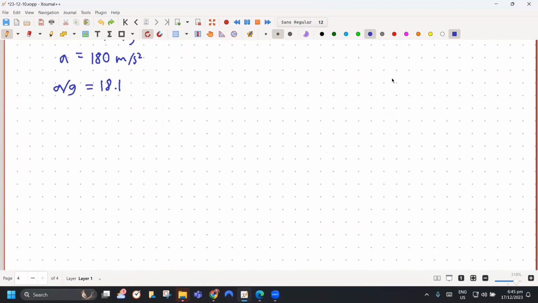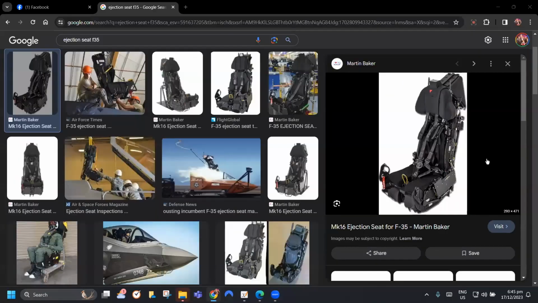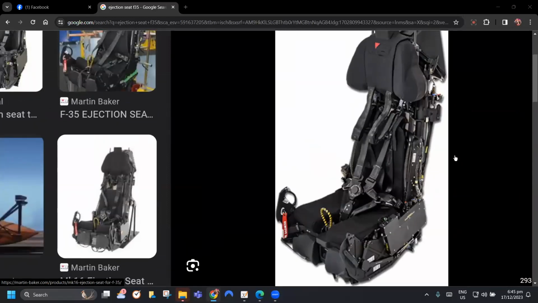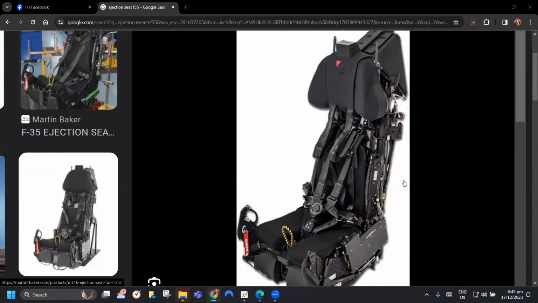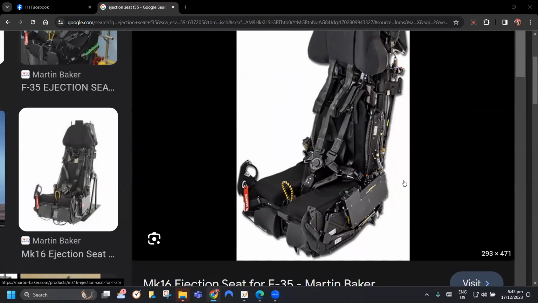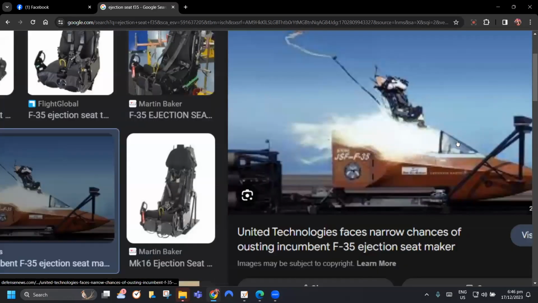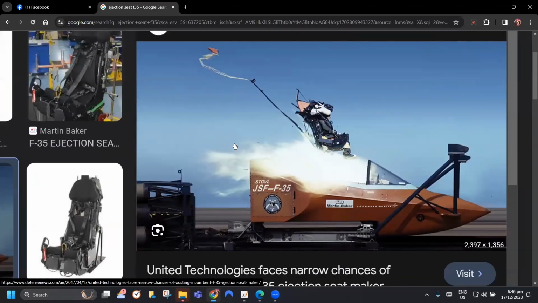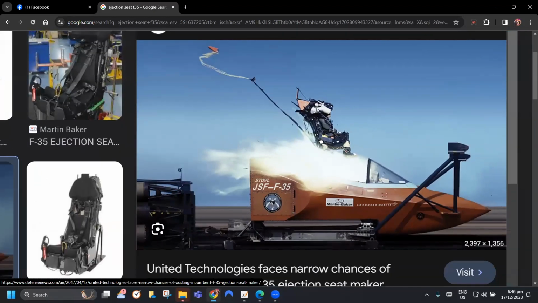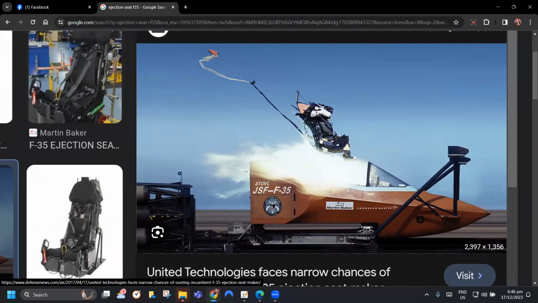Okay, now let's go to the next problem, which is 39. So this is the ejection seat, and this shows how they eject.